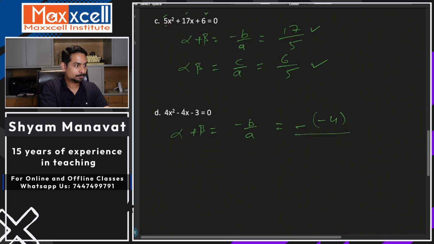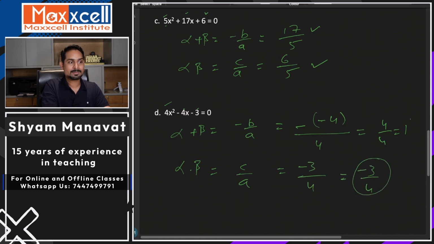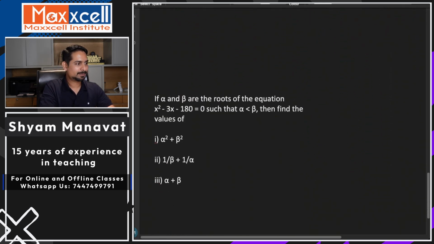Okay, don't get confused. a is 4. So minus into minus will become plus, 4 by 4 is 1. What is the product of roots here? Minus 3 by 4, c upon a. c is minus 3, a is 4. That is minus 3 upon 4. Product of roots and sum of roots for this equation. Clear? Great. We are not going to stop here.